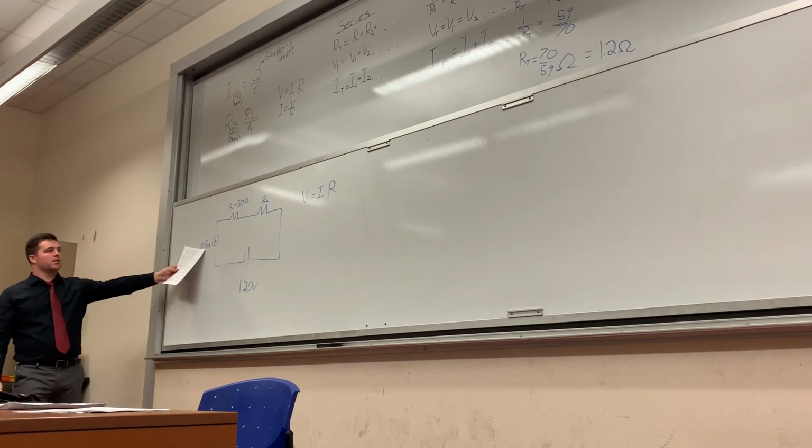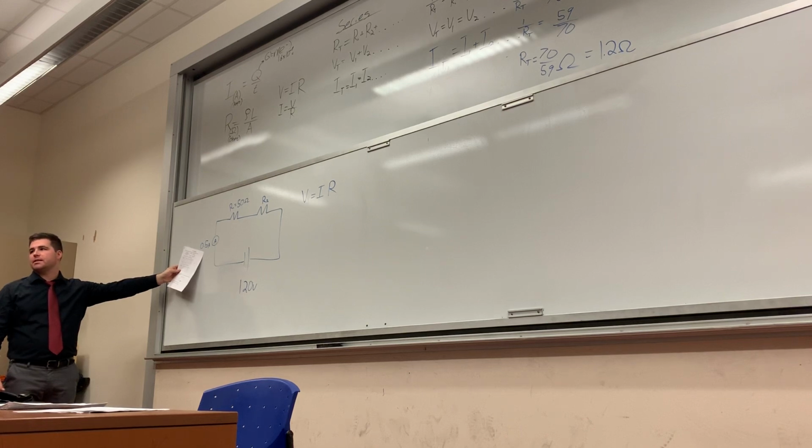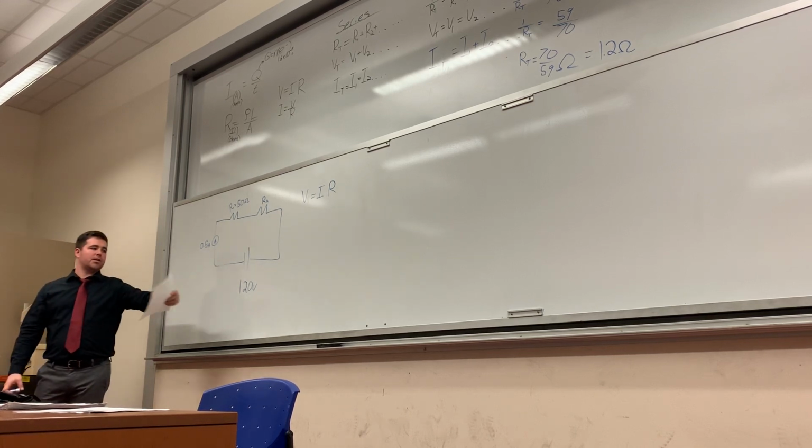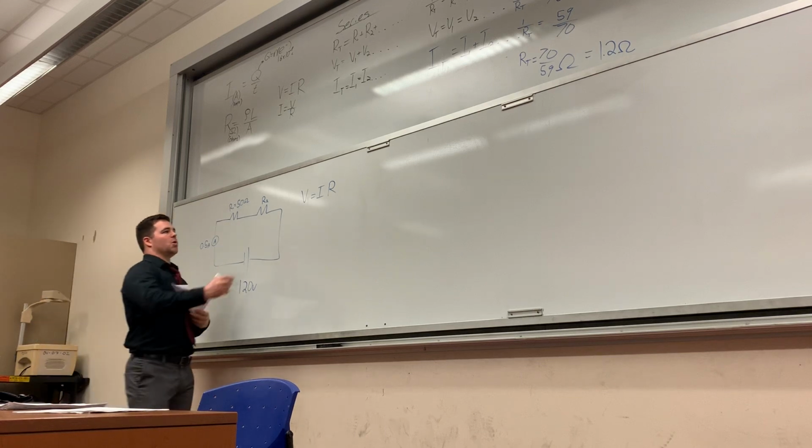This is the current in one spot, but because it's series, that's the same everywhere. So this is very useful. I'm going to call this my total current, and use my total voltage to get the total resistance.